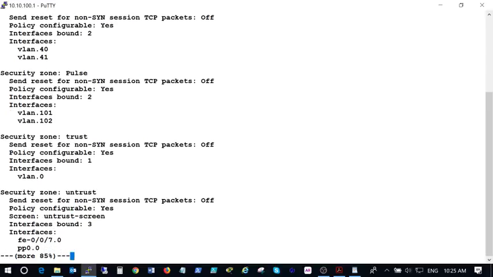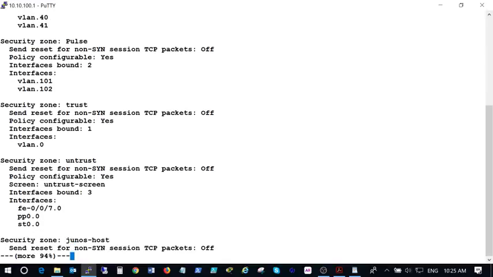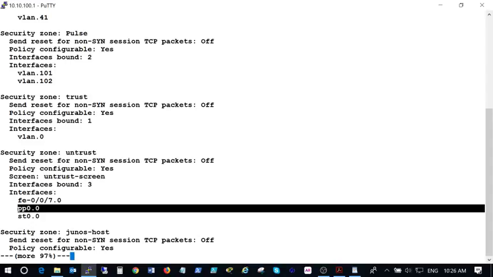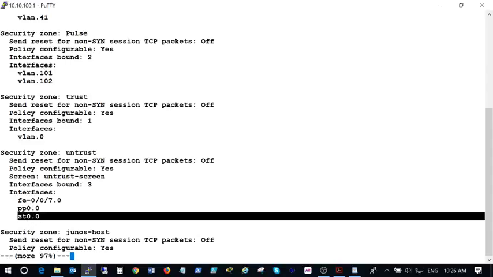We have a trust zone, which we actually don't use for anything because we don't even use VLAN 0. So it's just sitting there doing nothing at the moment. And here is our untrust zone, and we've got three interfaces in there: FE007.0 unit 0, PP00, and ST00.